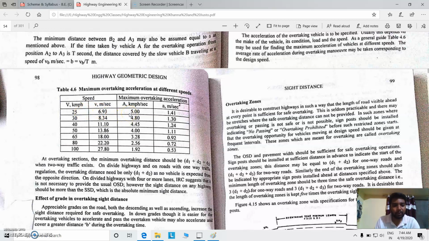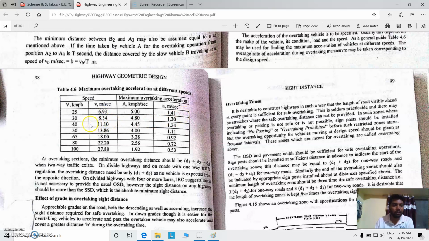If you are considering the formula in kilometer per hour, we have to consider the capital A, which gives kilometer per hour per second, that is the acceleration. If you are solving the problem in meter per second, we have to consider the V value as 6.93 when it is given as 25 kmph, and the acceleration value as 1.41.